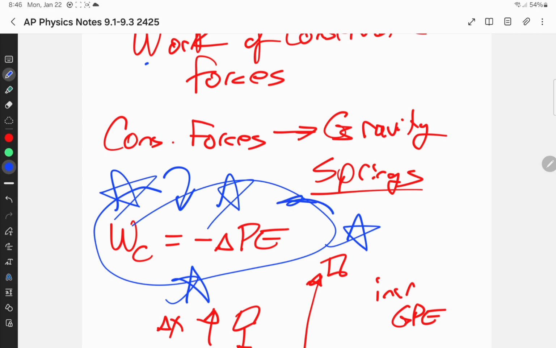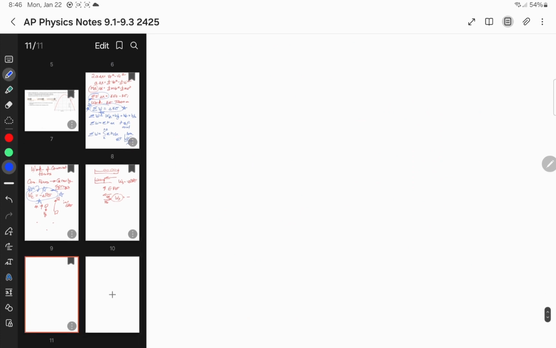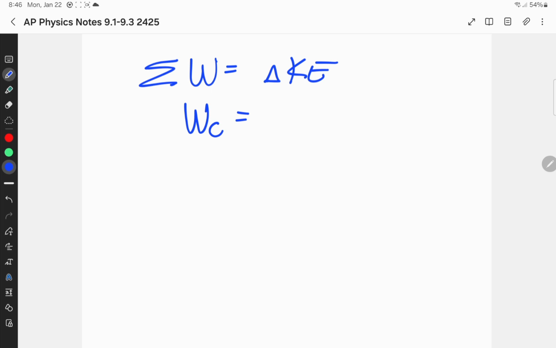So let's combine those 2 facts. All right, so check it out. So here is what we have just learned. We have learned that if we calculate our net work, that's the change in kinetic energy. And we've learned that if you calculate the work done by conservative forces, that is equal to the opposite of the change in potential energy.